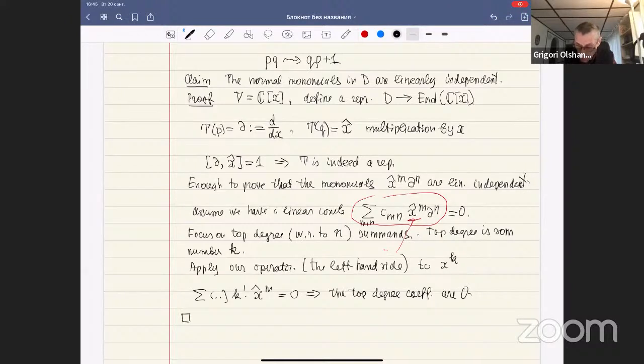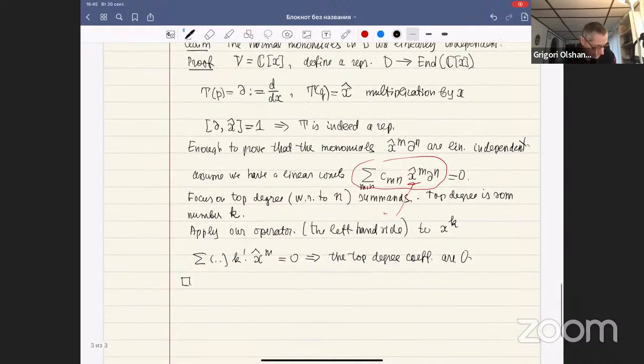This is the proof. So this is a very simple example which demonstrates how useful is the idea of considering some representations, some realizations of our algebra inside the algebra of operators.